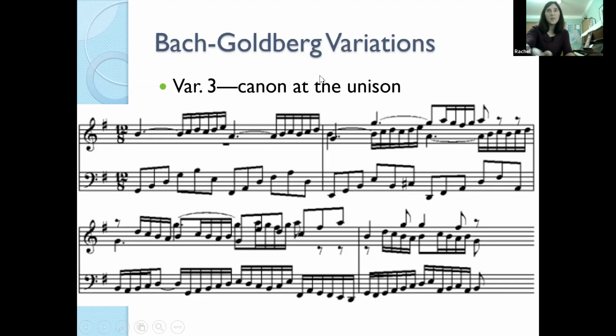Okay, let me see if I can maybe highlight some of these in different colors. Okay, so I'm going to make, whoops, I think I want that maybe. Actually, I don't know what I want. No, I just want this one.